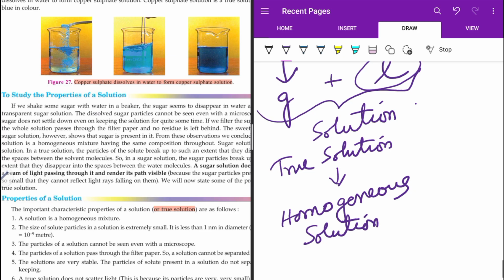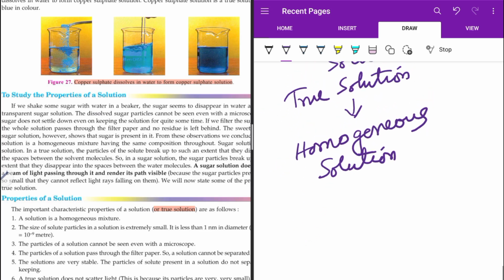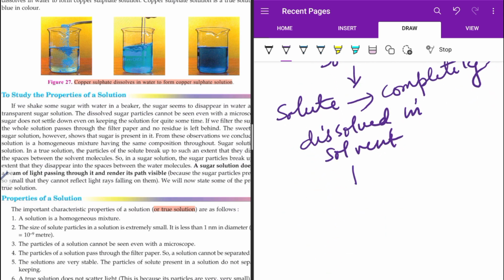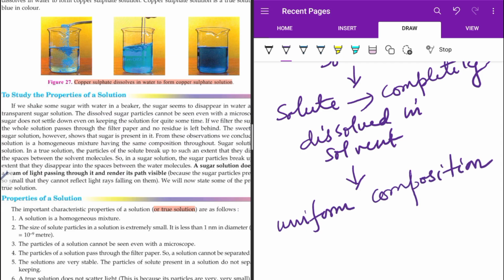A homogeneous solution is such a solution where the solute particles are completely dissolved in the solvent, forming or having uniform composition throughout. So I think what a true solution is should be clear to you.